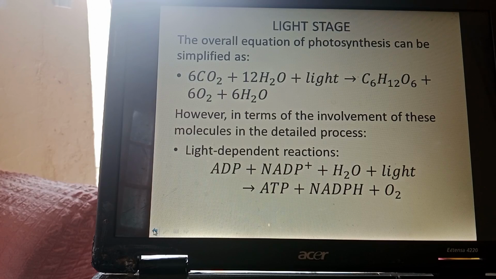And here, that is why now you have, at the end of the light-dependent reaction, that is in presence of light, when it is absorbed by chlorophyll, ATP is produced and NADPH and oxygen is given out.